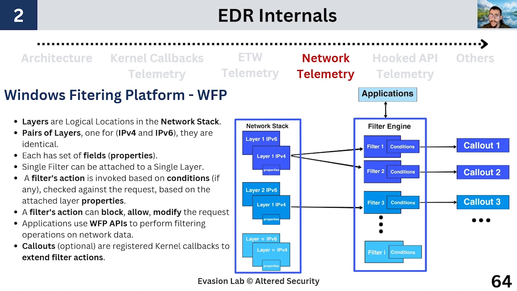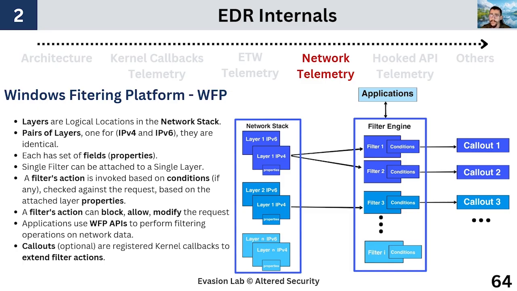A filter can be applied to a single layer, and its action is triggered based on certain conditions. These conditions check the properties of the request and decide whether to allow, block, or modify the traffic. Applications interact with WFP using WFP APIs to filter network data.